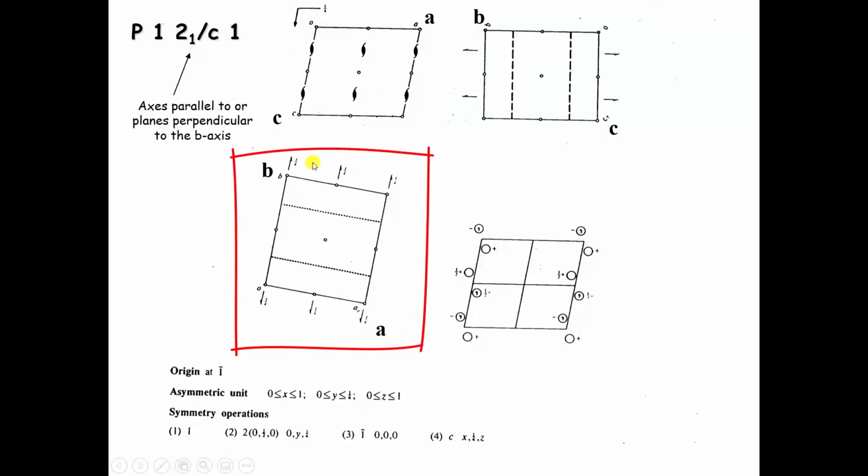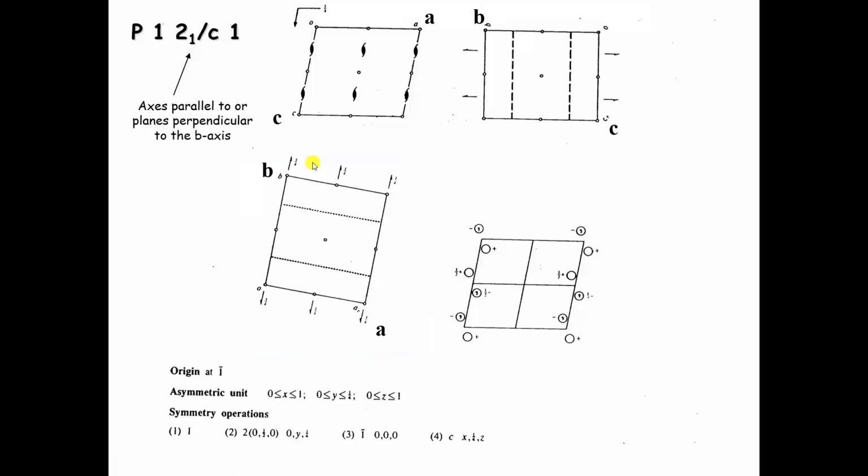The drawing right here below it, this would be as though we folded the lower face of that parallelepiped down. And so this is a projection looking down the C axis. And then the drawing in the upper right is a projection looking down the A lattice vector.